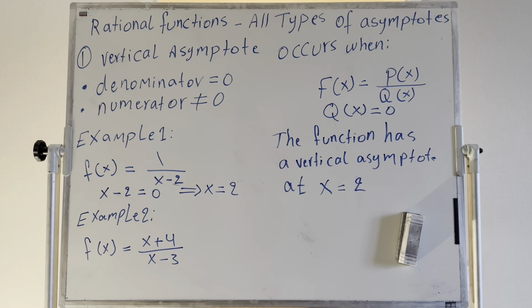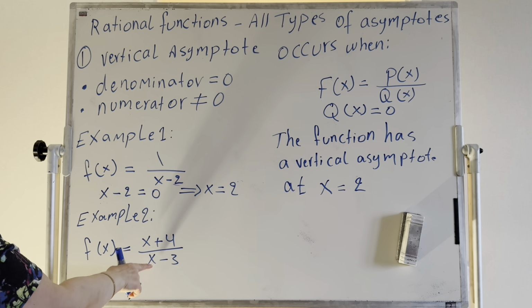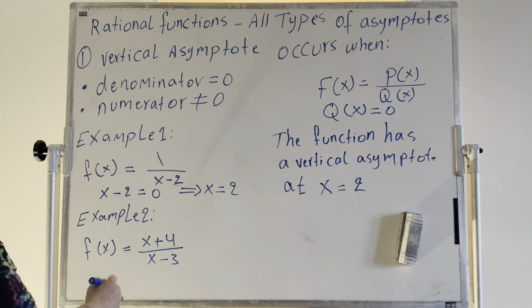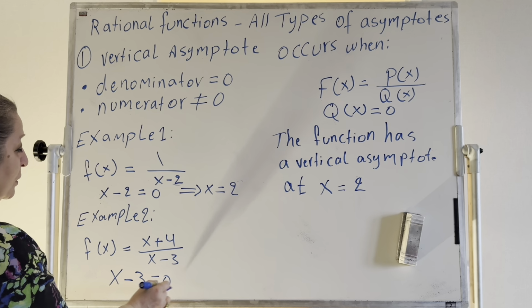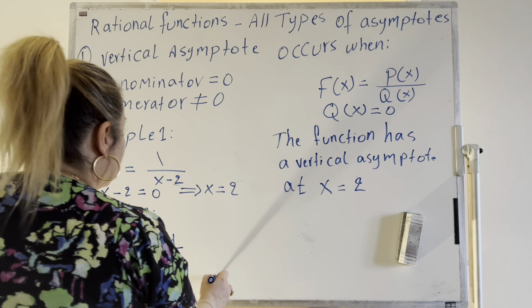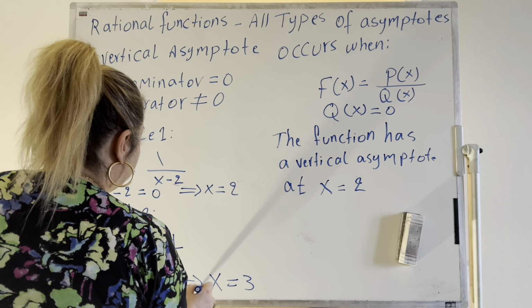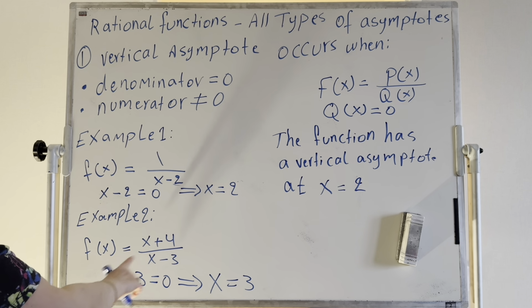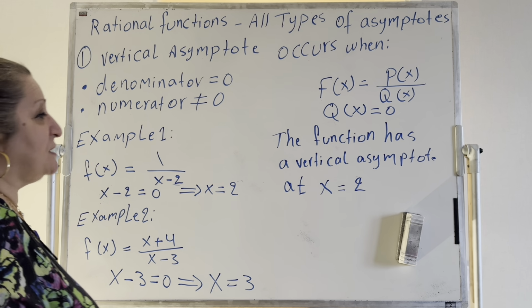Example 2, f of x equals x plus 4 over x minus 3, and x minus 3 equals 0, so x will be equal to 3, because when I move 3 to the other side, I change the sign.